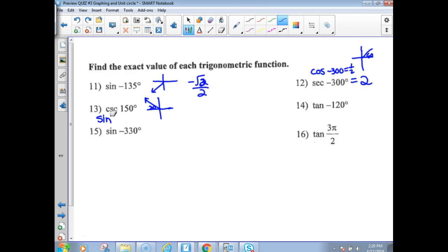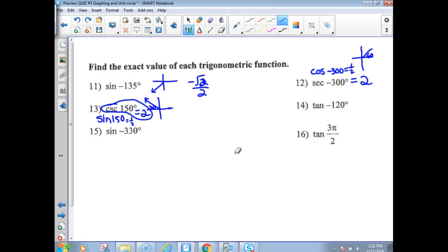I forgot what I was reading there. It says cosecant, not cosine. So I want to think about the sine at 150. The sine at the reference of 30 degrees is 1/2, so this would be 2. And sine is positive in quadrant 2, so I know it's positive 2. So the answer is 2.